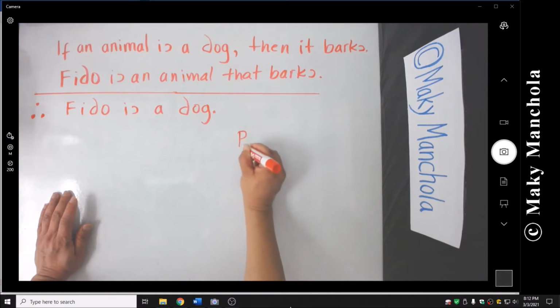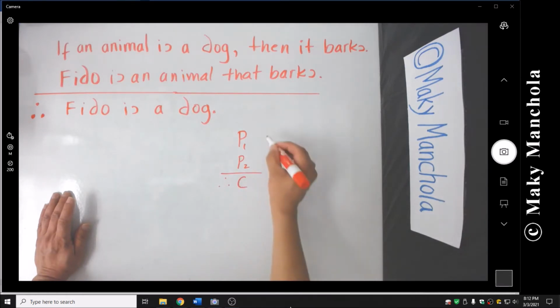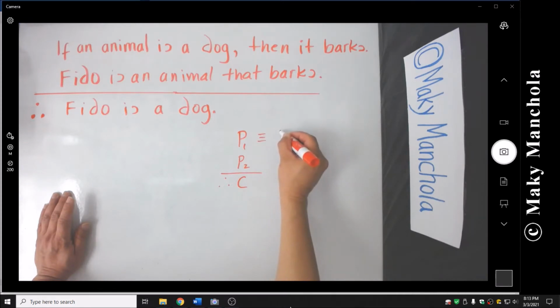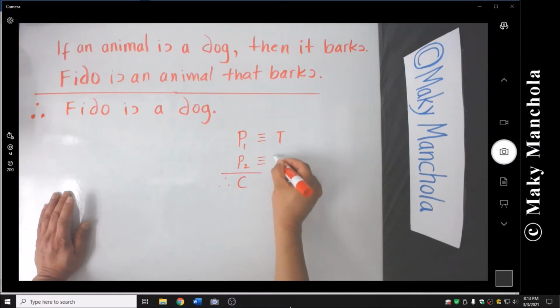Now let's assume that both premises happen to be true. So assume premise 1 is true, premise 2 is true. Let's ask the question, what is the truth value of the conclusion?